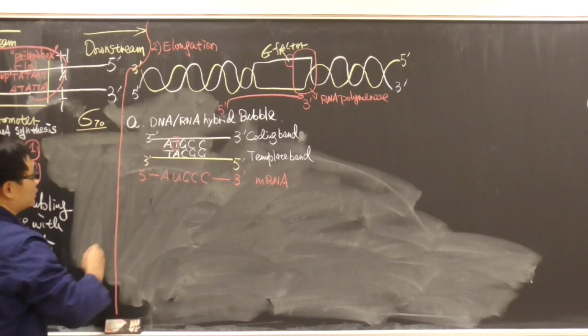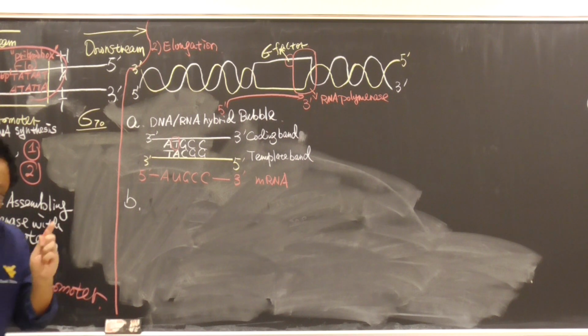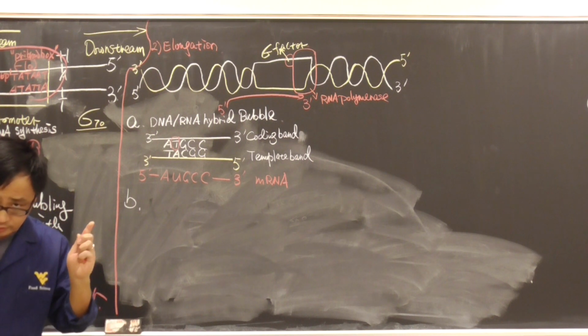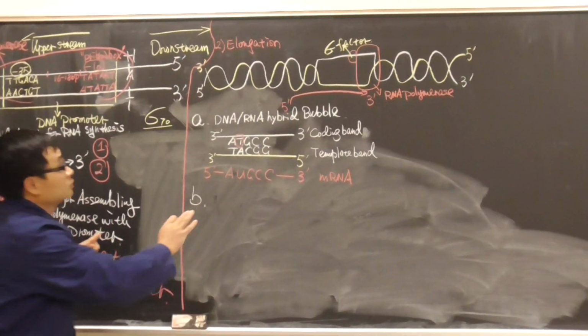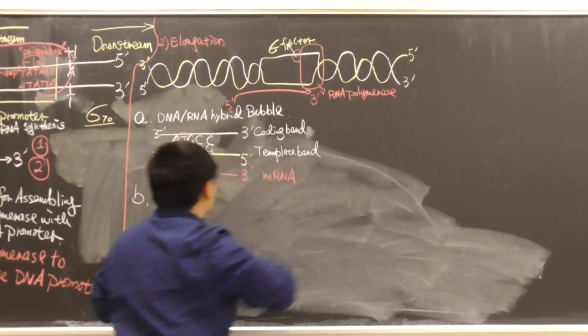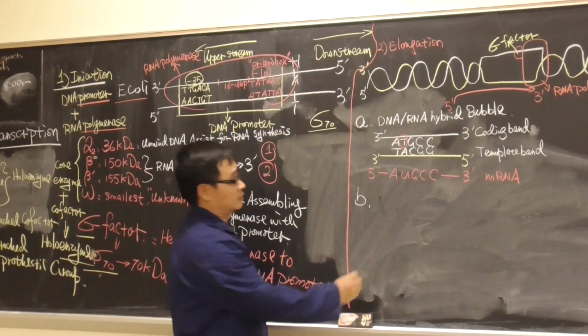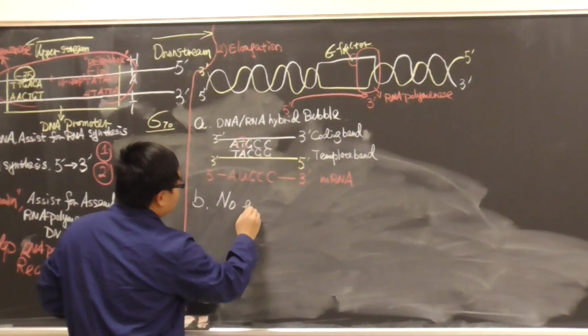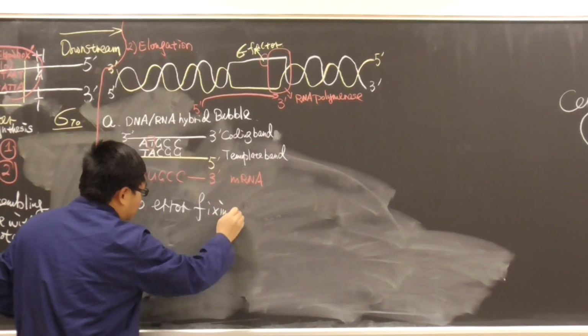Now, there is something we want to mention. It is a major difference compared to DNA replication. RNA polymerase is remarkable. It can unwind the DNA. It will move through the double strand of the DNA. It will biosynthesize RNA. However, there is no error fixing function.